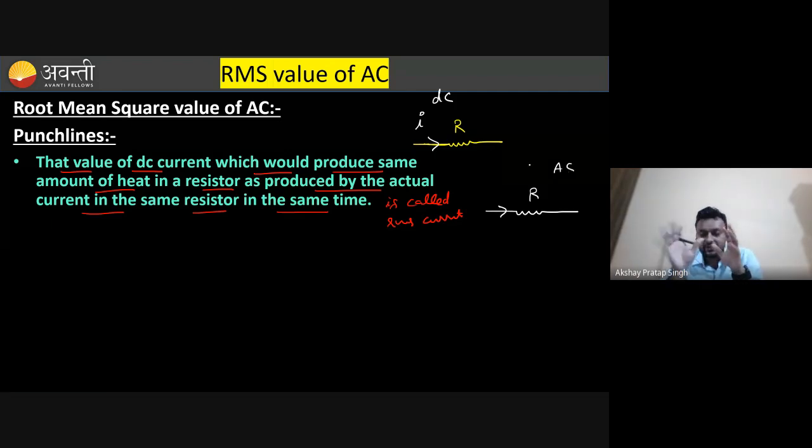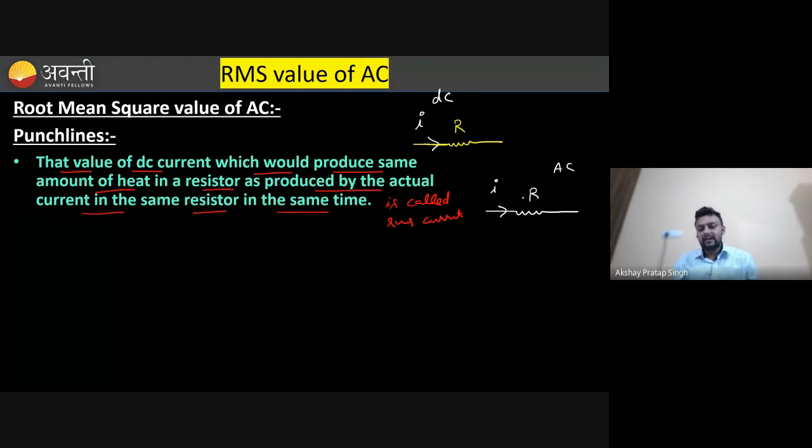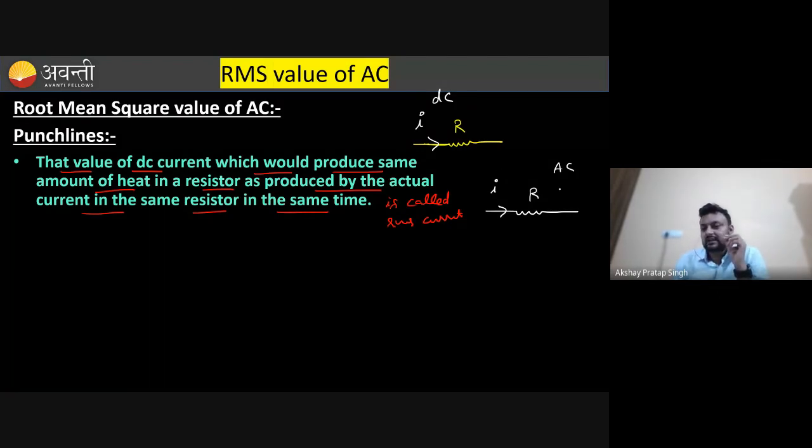After some time, we have seen when we passed some DC current and we passed some AC current. Now, if in both these circuits, current passes through same time T and produces same heat H, then this value of DC current is known as the equivalent RMS current for this AC.